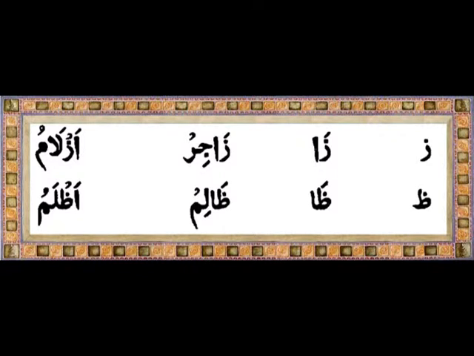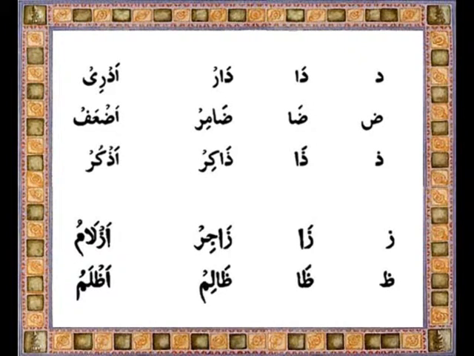Now the dha again is pronounced by putting your tongue at the roof of your mouth. Dha, dha. So now these five letters, this is how you pronounce them. Dal, dal, dod, dod, dhal, dhal, za, za, za, za.